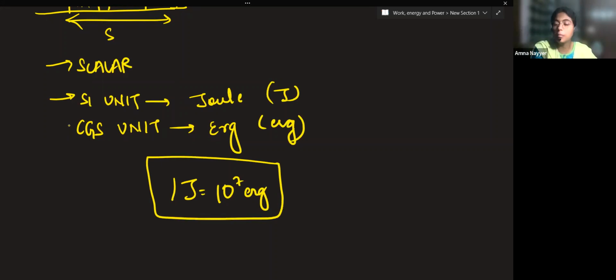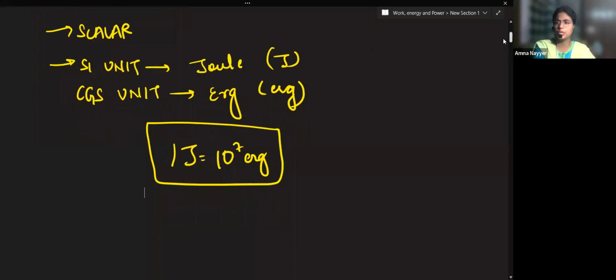You must be remembering it. We had done a question in units and dimensions, which proved this fact when we use n1 u1 is equal to n2 u2. From there we had derived this relation, as well as Newton and dyne relation. So 1 joule is equal to 10 to the power 7 erg. Simple question will be there. Let me show you how a question comes from this part.